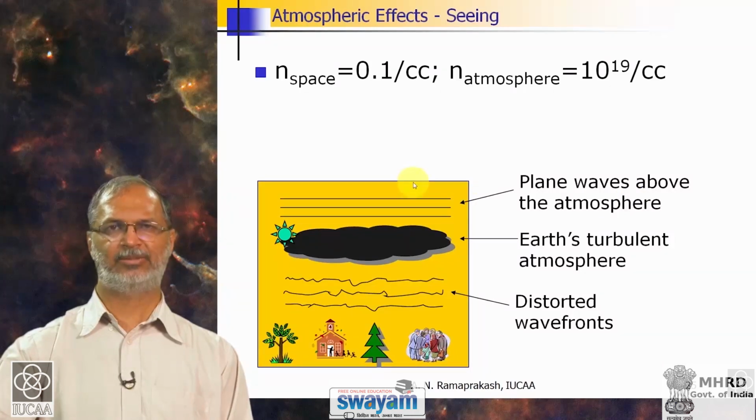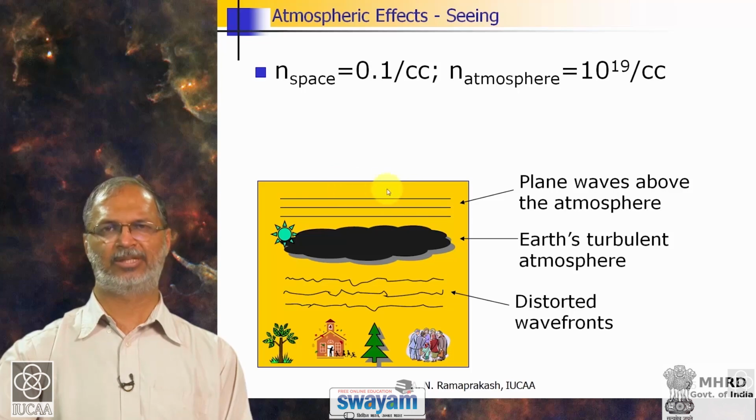Now, what it does to the light is, in the previous lecture I explained to you how light from a distant source arrives after passing through enormous distances as plane wavefronts. The curvature of these wavefronts is so negligible, because the distances are so enormous, that you can practically treat them as plane wavefronts, and the rays of light can be considered normal or perpendicular to these wavefronts.